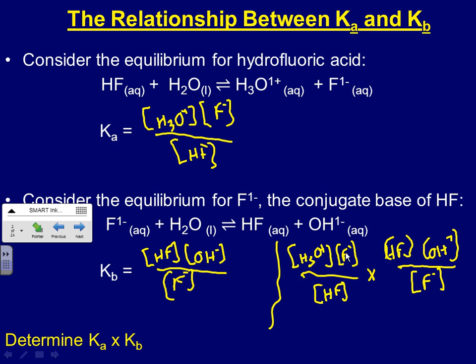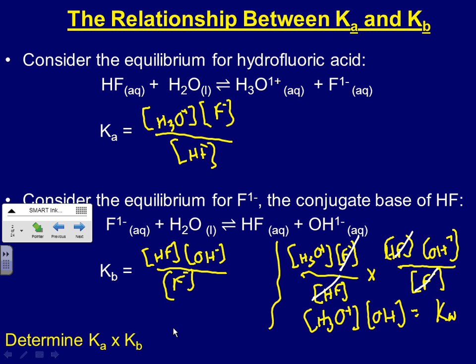You'll notice I've got things that I can easily cancel away: F minus there, F minus there, HF there, HF there. So if I take a Ka and multiply it by its conjugate base's Kb, I end up getting H3O plus times OH minus, which is equal to Kw.